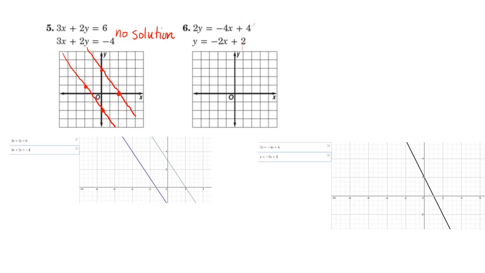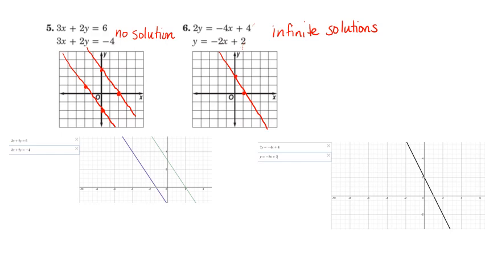Okay, if you multiply both sides of the equation by the same number, it stays balanced. So this has infinite solutions because it's one line. Okay. And the y-intercept is 2, and then it goes down to over 1.